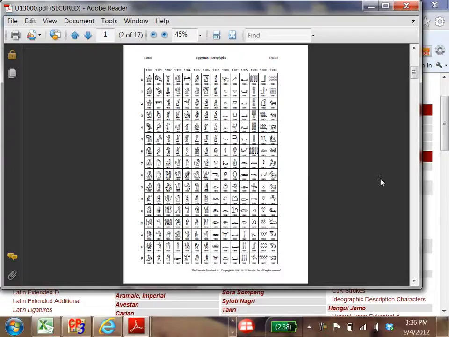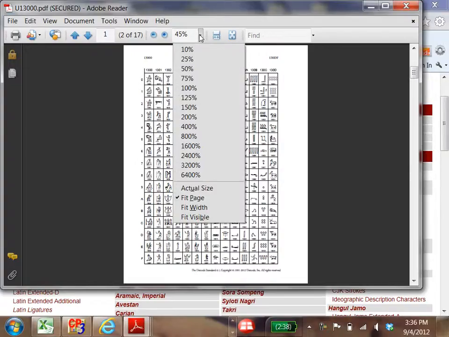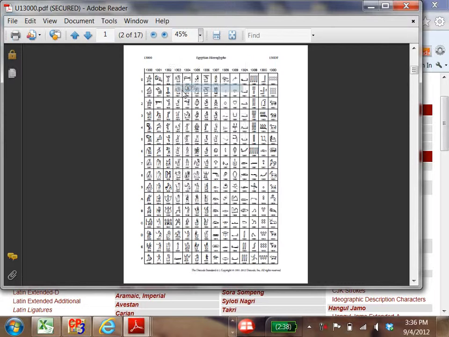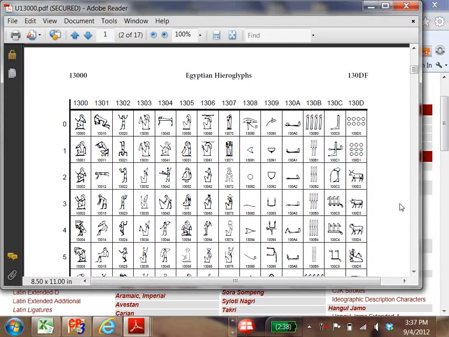Oh, there's Egyptian hieroglyphs. Yes, you can't see that, but here's the Egyptian hieroglyphs. So if you go read some hieroglyphs in Egypt, and you say, well, let's store all that information on a computer. That's how you do it, okay?